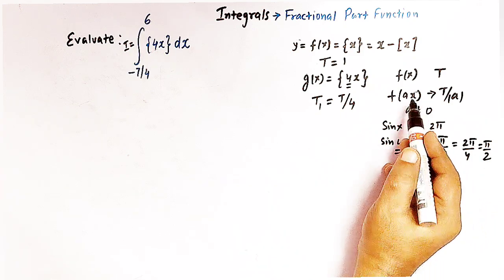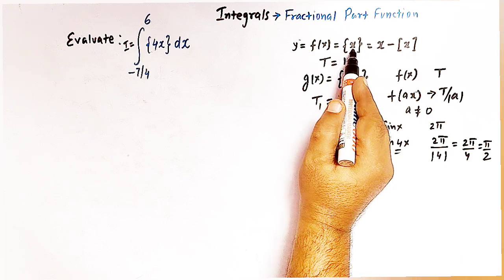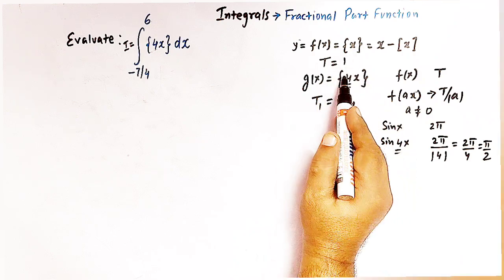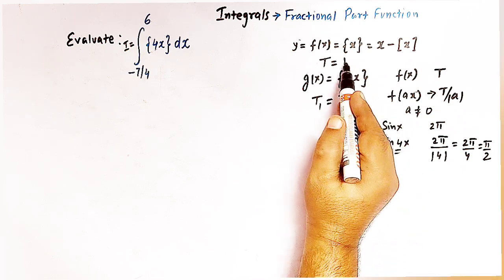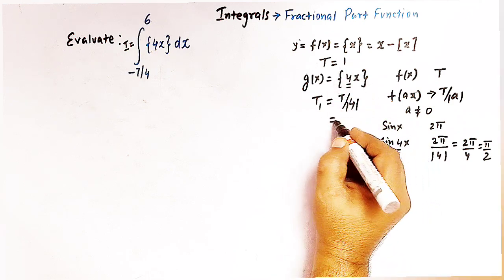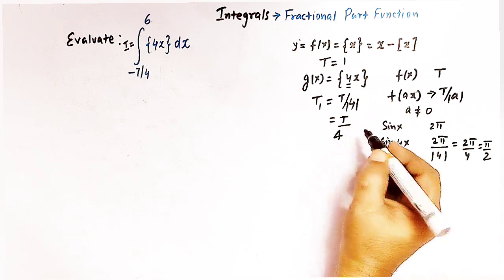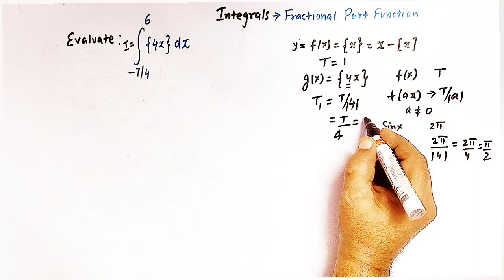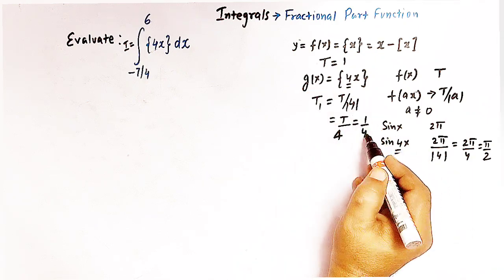So this concept is utilized here. The period of the fractional part of x is 1, and the period of the fractional part of 4x is given by 1 divided by the absolute value of 4, and that is simply T over 4, and T is 1, so we have the period of g of x as 1 over 4.